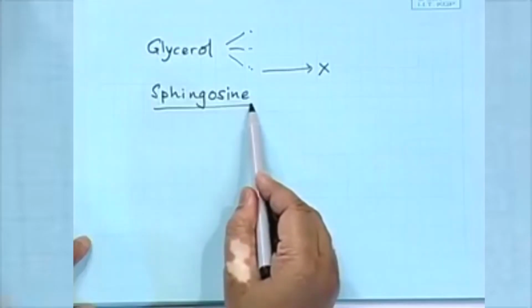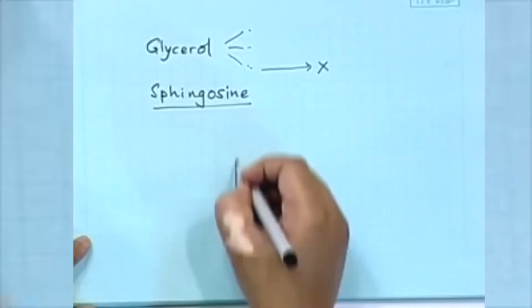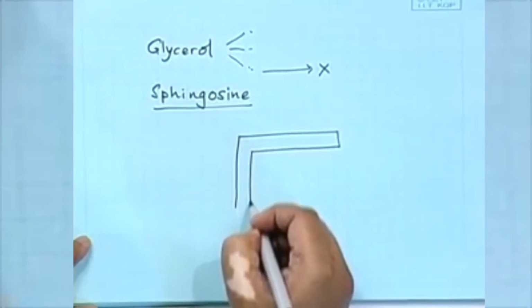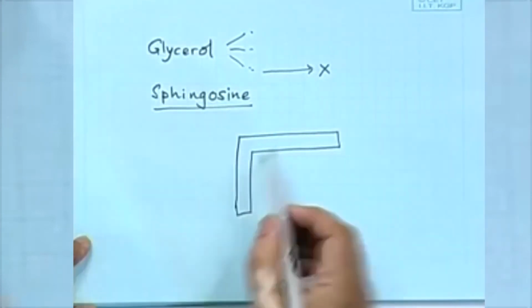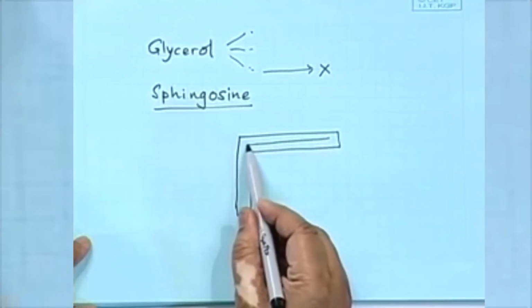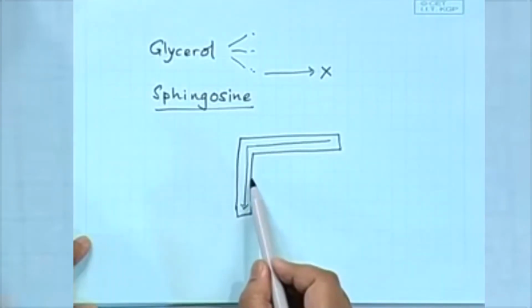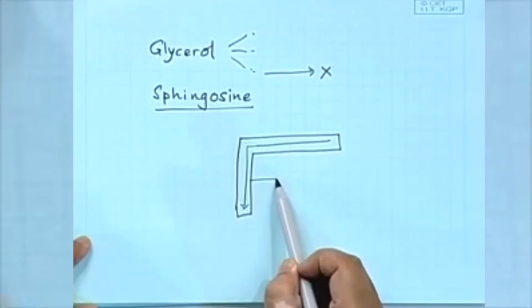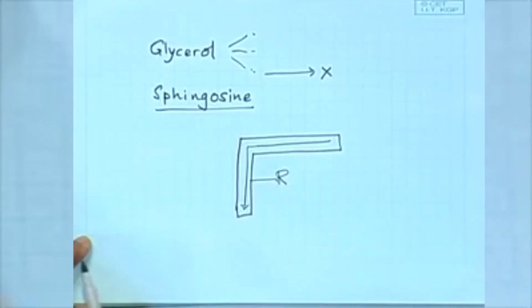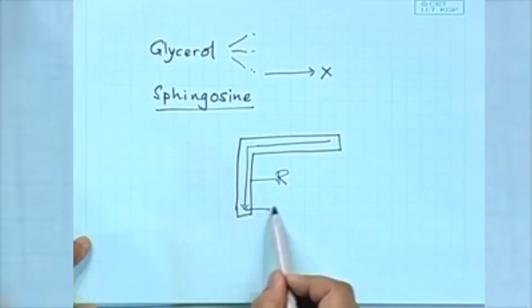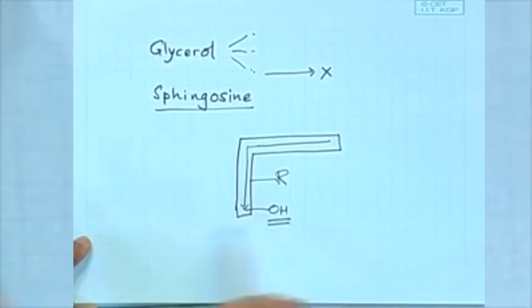In sphingosine, you have a different shape, because you have a long carbon chain in the structure of sphingosine itself. What you have here is a fatty acid attached, forming a ceramide. Then this OH can be linked to what?